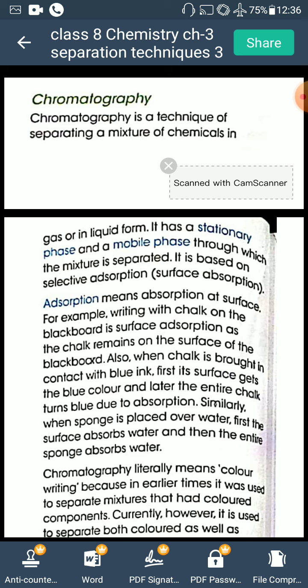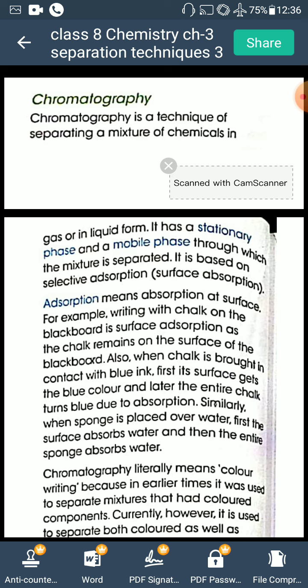You have to remember the basic principle of all types of separation. The basic principle of chromatography is selective adsorption. That is, it is based on selective adsorption on the surface of the stationary phase.